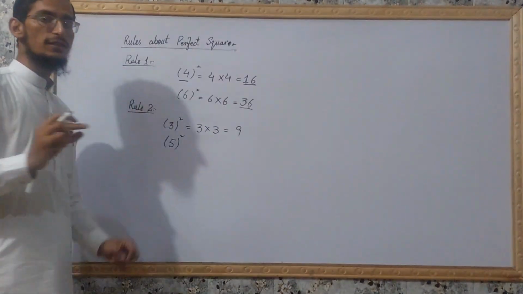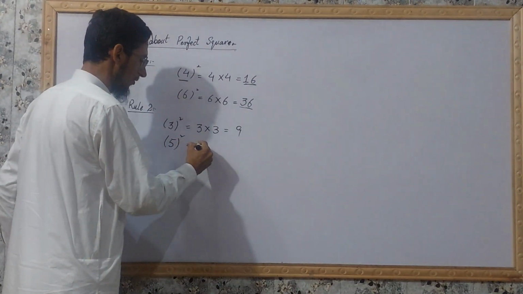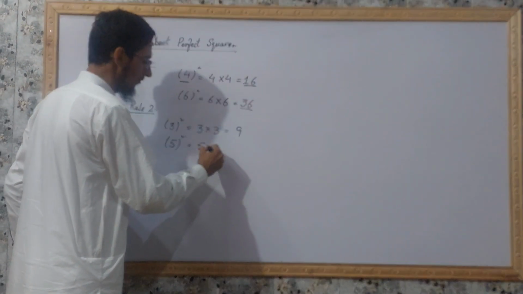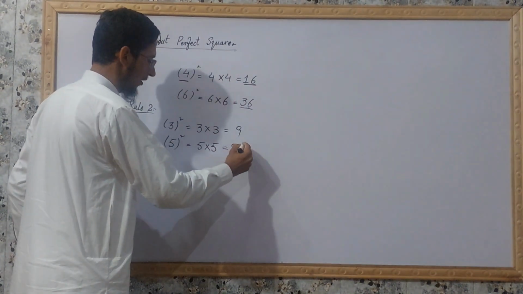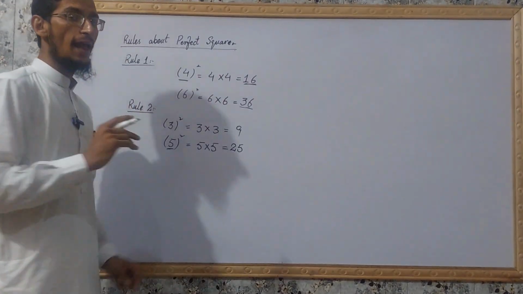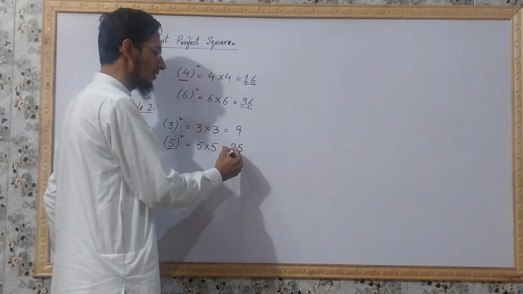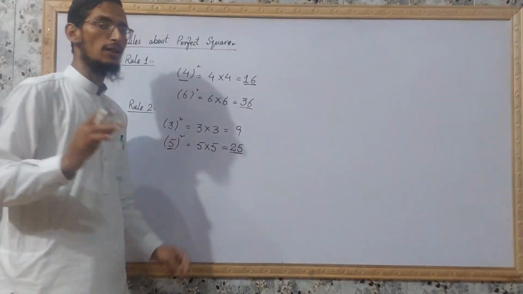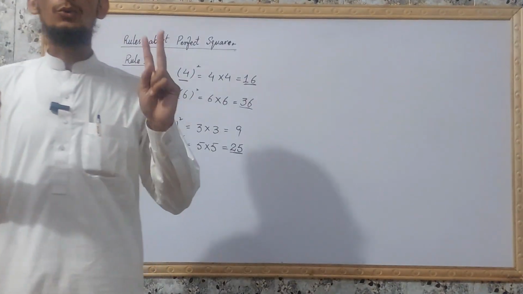Here 5 is an odd number. We take its square, then 5 multiplied by 5 we get 25. Here 5 is an odd number while the product of 5 into 5 is 25, which is also an odd number.